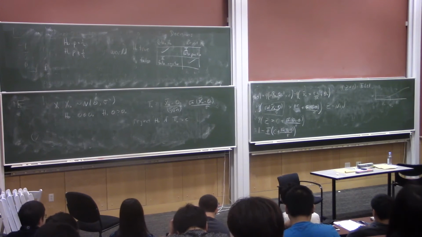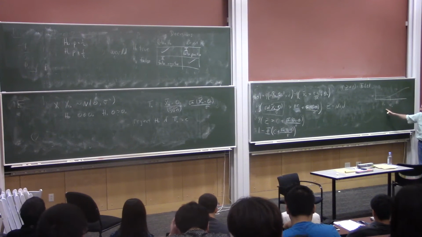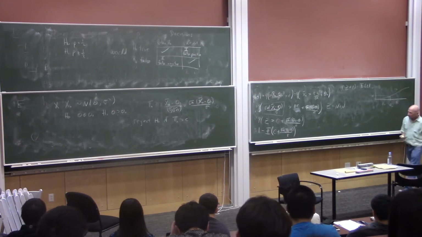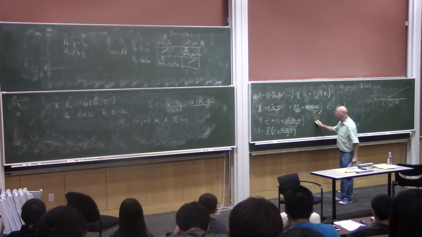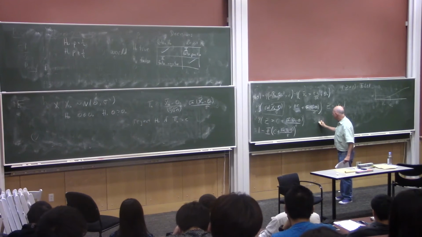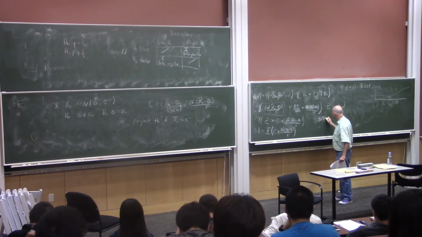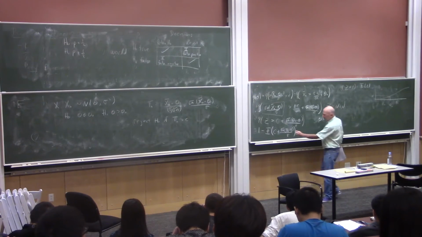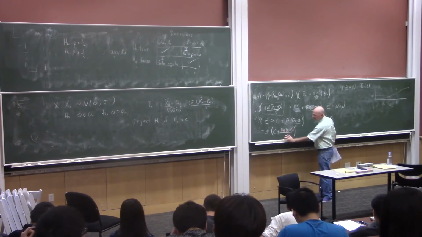But there's a c I have to determine. I know something: when theta is equal to theta 0, I want this to be alpha. So if I want the power at theta 0 to be alpha, look what happens. When theta is equal to theta 0, this part disappears.